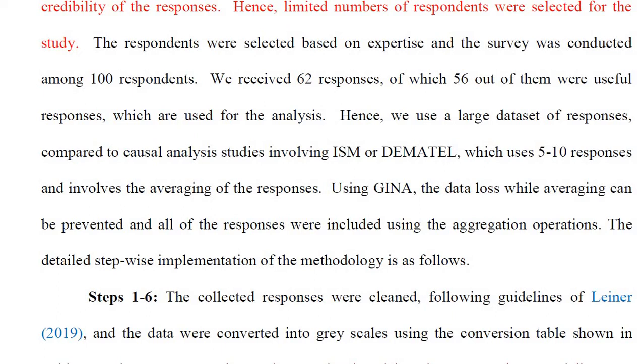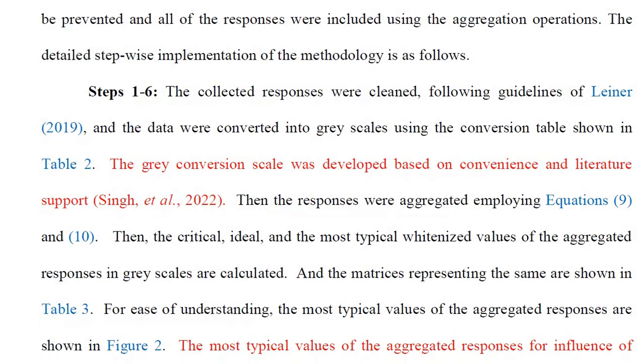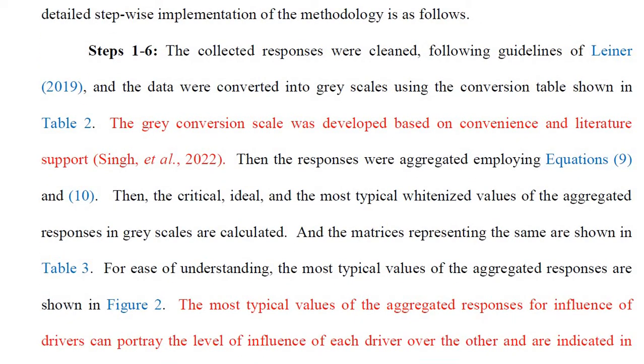It may be some average value which may not indicate any clear specification about the influence relation between the drivers. So this is the case where we want particular techniques where a large number of data points or survey data is there. Then we can have more accurate information regarding the influence of a factor over the other, because more people have responded to that.